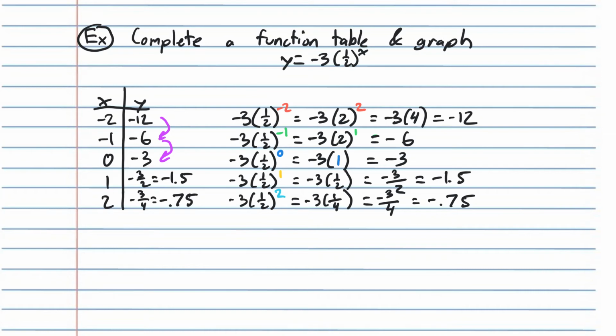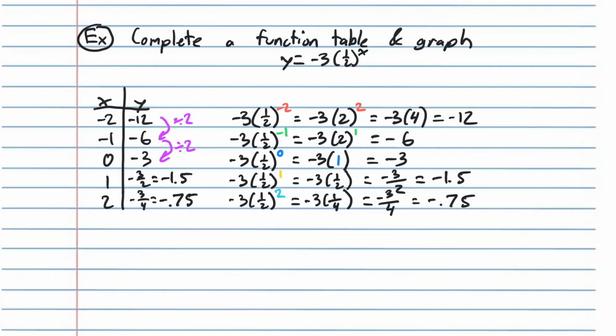And the reason why you need at least 3 is because you need to test a point out, right? If you look at just the first two, the negative 12 to the negative 6, that could be adding 6 or it could be like dividing, right? That's why you have to check the next one, because when we get from 6 to 3, it is division, right? So we're actually dividing by 2 each time.